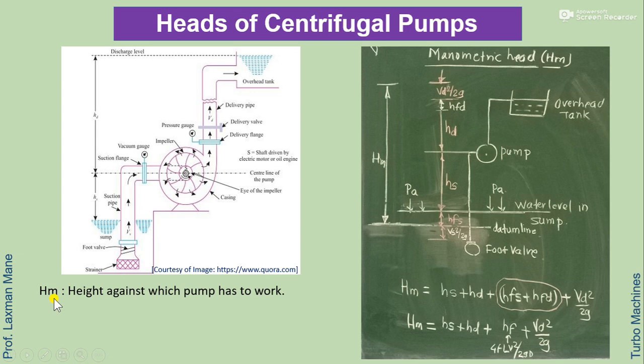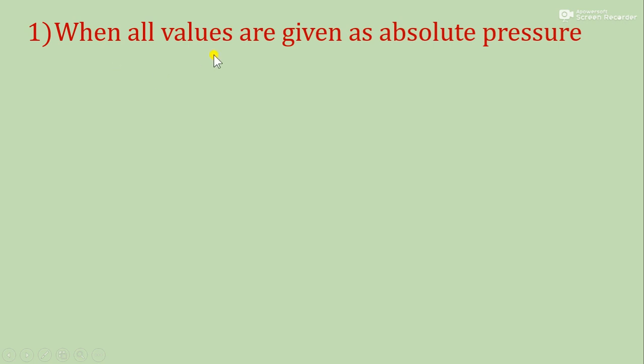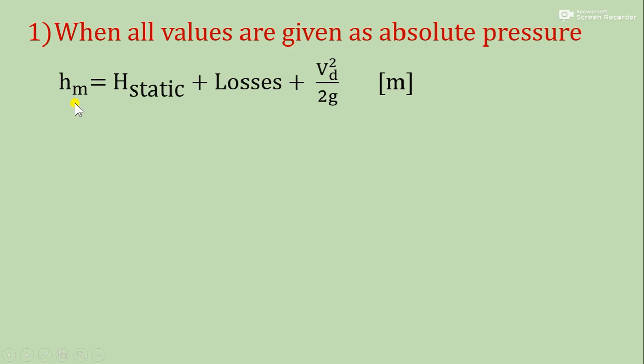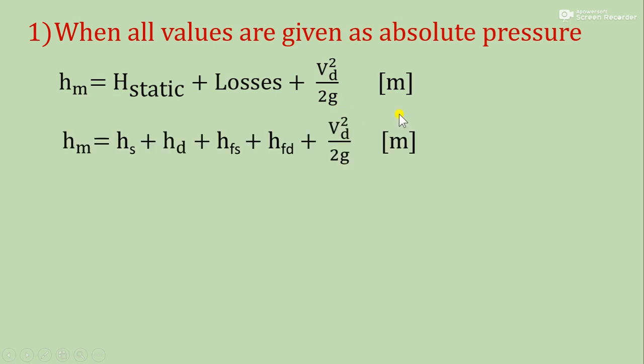So Hm, manometric head, is the height against which the pump has to work. So Hs we have already discussed. This is static head, that is the summation of Hs plus Hd. So this we have already discussed. Now when all values are given as absolute pressure, then manometric head is expressed by the formula H static plus losses plus Vd²/2g in meter.